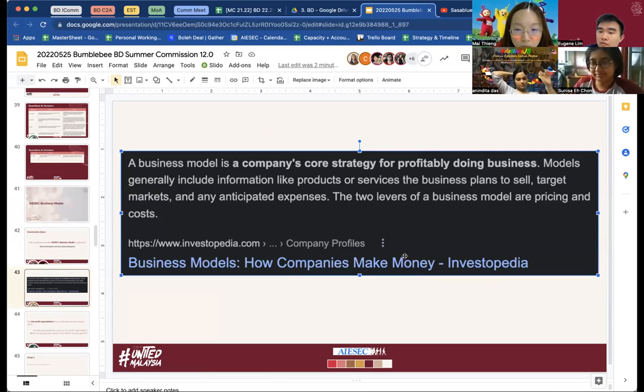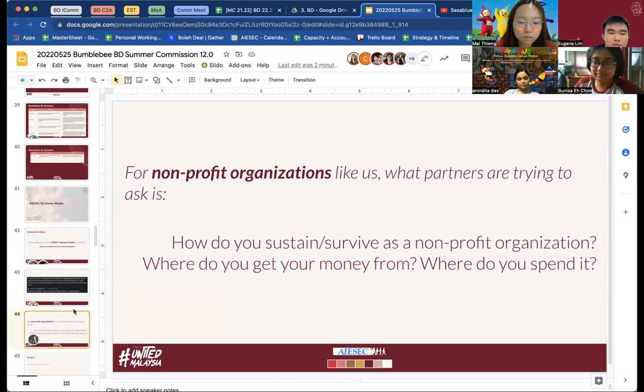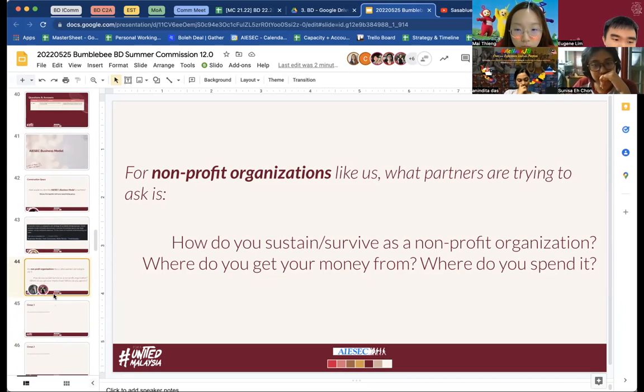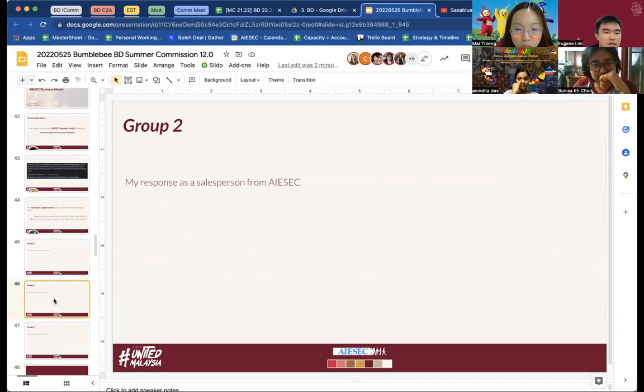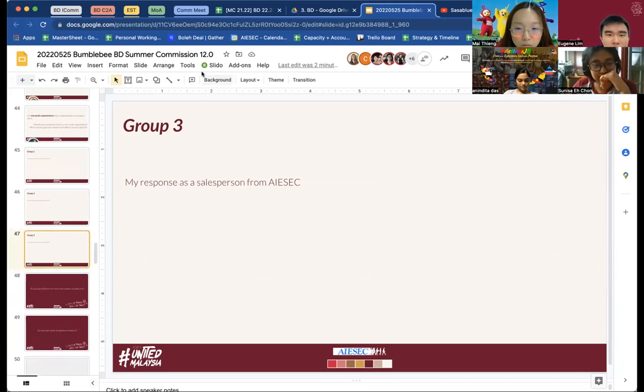For us, we are a non-profit organization, so what the partner is trying to ask is how you sustain or survive as a non-profit organization, where you get your money from, and where you spend the money you get. So we'll break you into the breakout rooms again, and then you can do the discussion.